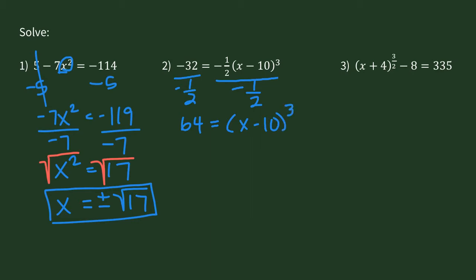So now I can take the cube root of both sides to cancel out the cubed. Those are inverses of each other. Cube root of 64 is just 4. And then on the other side, the cube root and cube cancel each other out, and we just get x minus 10. And then now we can add 10 to both sides, and we get 14.